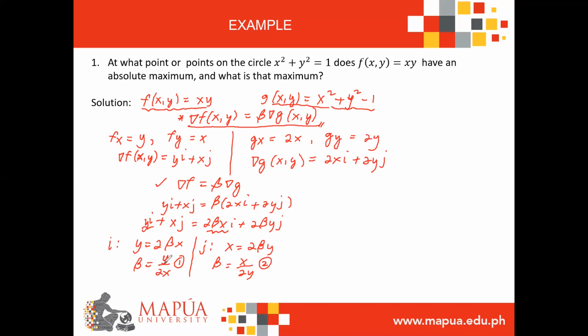So we're going to equate the two equations. Equation 1 equals equation 2. The resulting equation is y over 2x equals x over 2y. You can cancel 2, and then cross multiply.